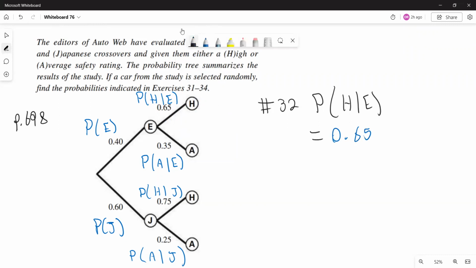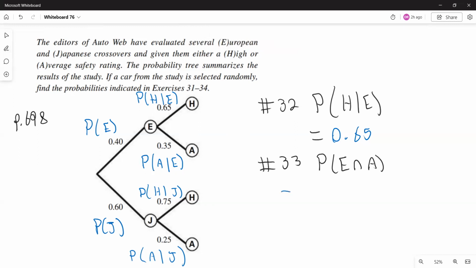And number 33, find the probability that the car is European and has an average safety rating. So we know this formula for the intersection of two events using conditional probability.